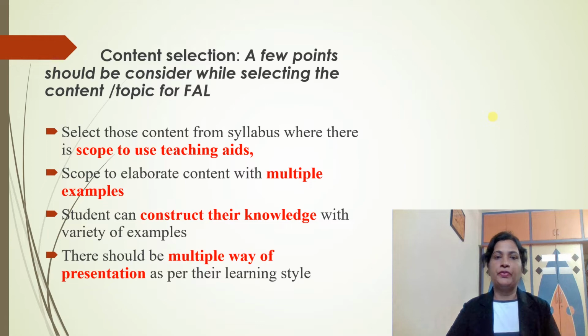Second, there is scope to elaborate content with multiple examples. Third, students can construct their knowledge with a variety of examples. There should be multiple ways of presentation as per their learning style. These points should be considered while selecting content or any topic given in the textbook.